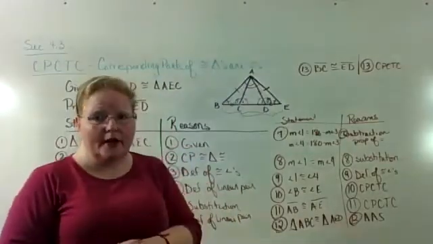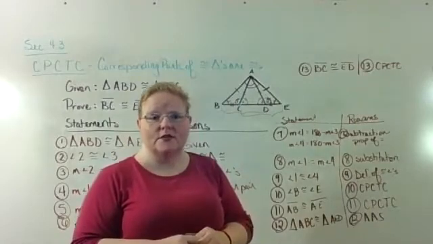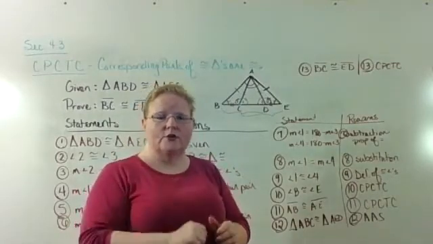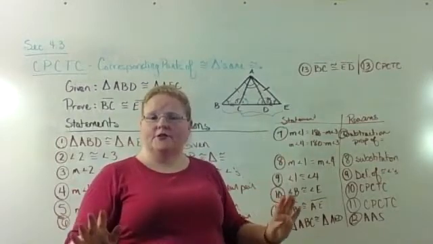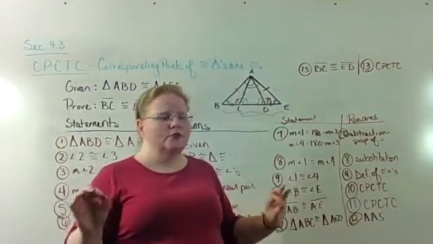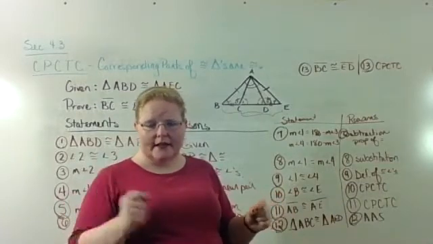That's why it was a long proof. We had two different sets of congruent triangles to deal with. Yours are only going to be one set. You're not going to have to stress over it. All the rules should be right there in your head, easy to come by, just like that.